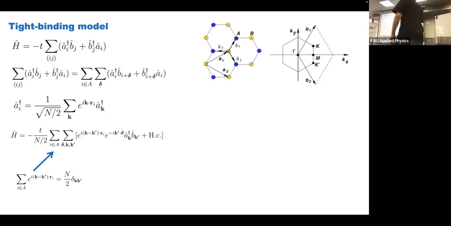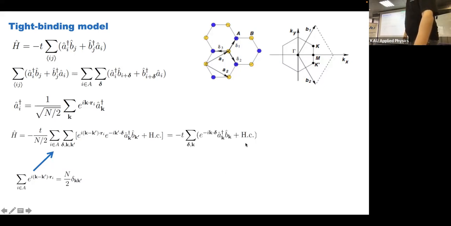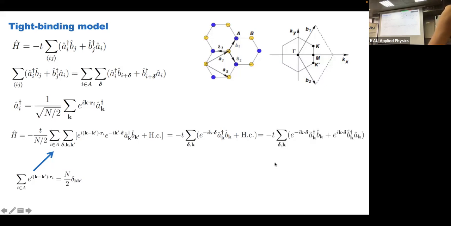Okay, then we say this is a delta function. It's not delta like distance, it's like a delta function. That's why we can cancel this exponent. It became slightly more convenient without that exponent.